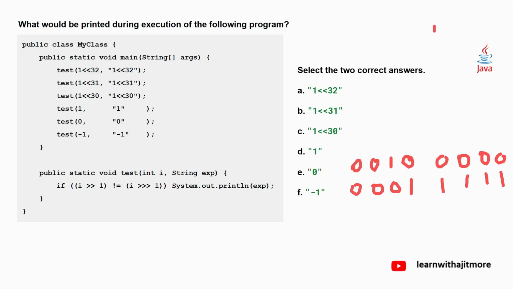1 is shifted how many times? Means what is the actual shift distance? Zero. You're right, it is 0. The shift distance is not 32. It is not going to shift 1 32 times. It is going to shift 1 how many times? 0 times. You should answer confidently.